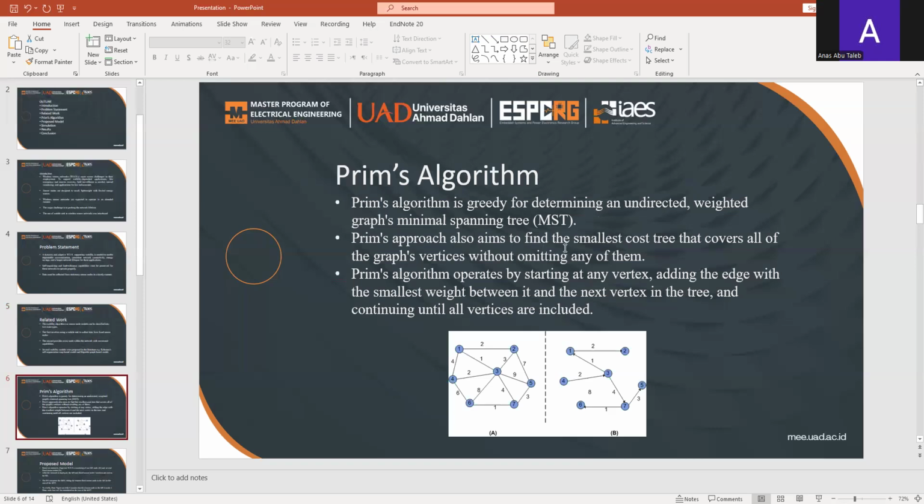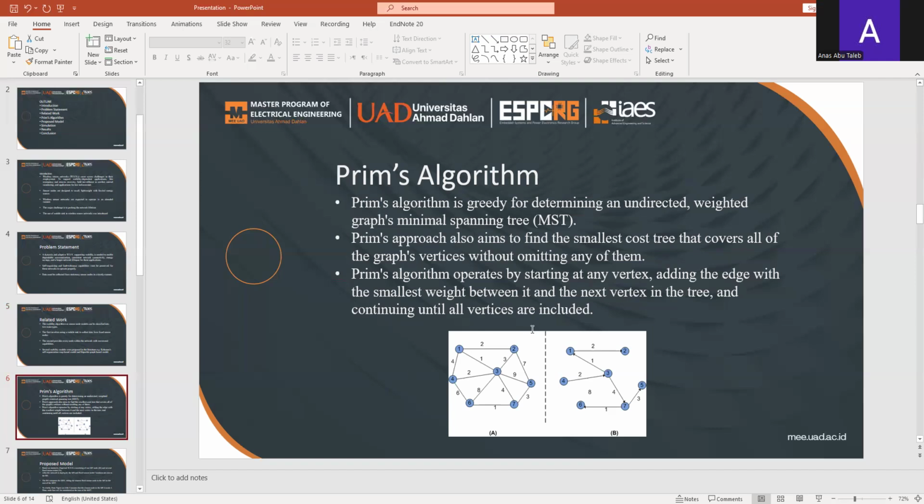The approach used is to find the smallest cost tree that covers all the graph vertices without omitting any vertices. Prim's algorithm can start from any vertex and will start adding edges with the smallest weight for that vertex.